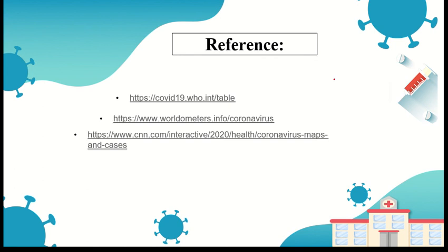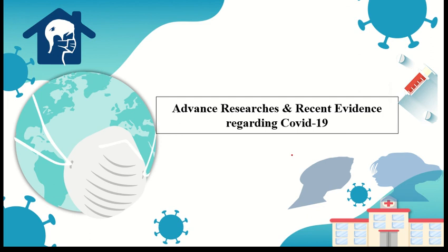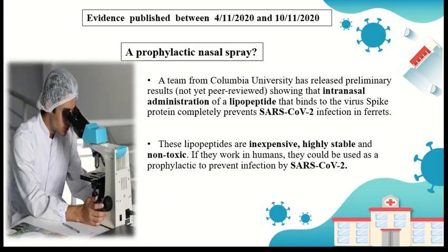Now the next thing is advanced research and recent evidence regarding COVID-19. First of all, the evidence published between 4 November 2020 and 10 November 2020: a prophylactic nasal spray.